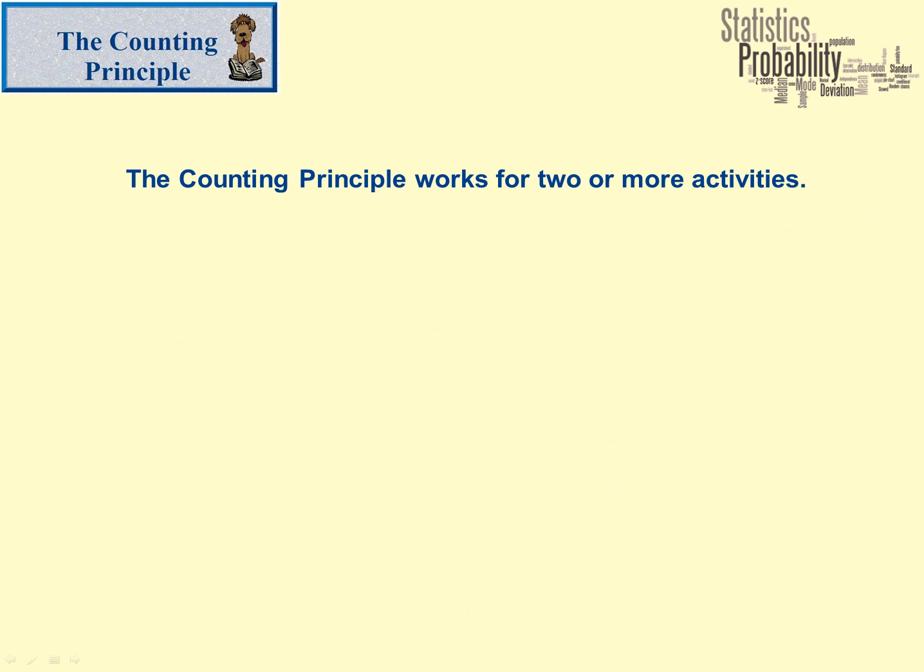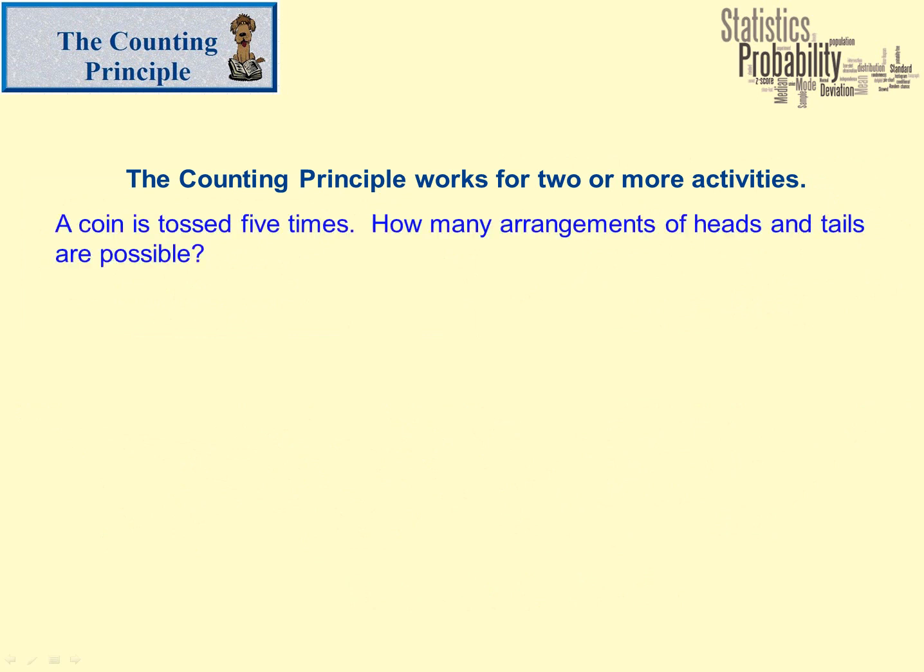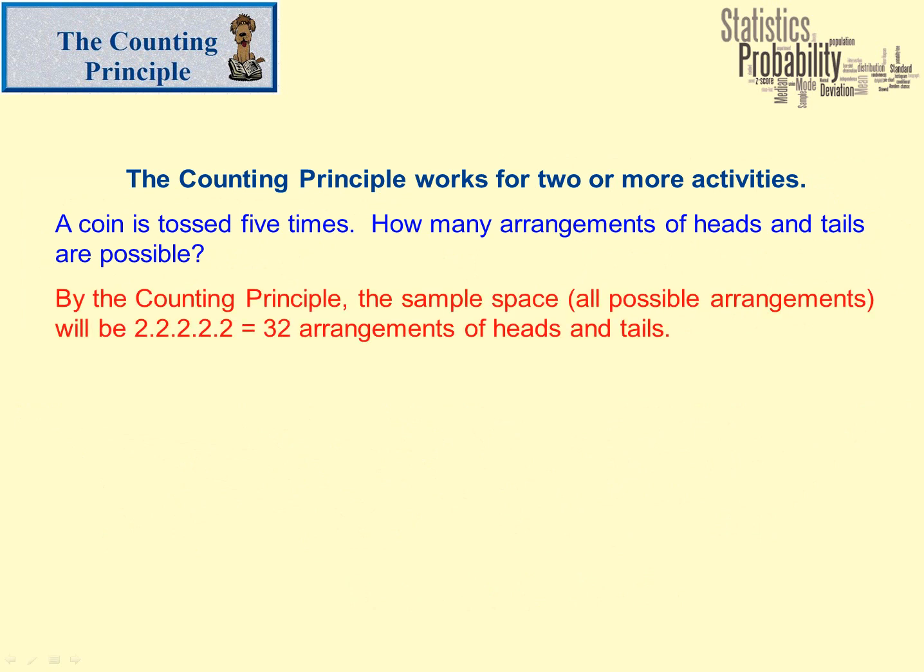So it works for 2 or more activities. Let's look at another example. A coin is tossed 5 times. How many arrangements of heads and tails are possible? Well, there are 5 different trials, 5 different occasions. So we look at the options for each. In the first case, we have 2 options, head or tail, and then second head or tail, head or tail, head or tail, head or tail.